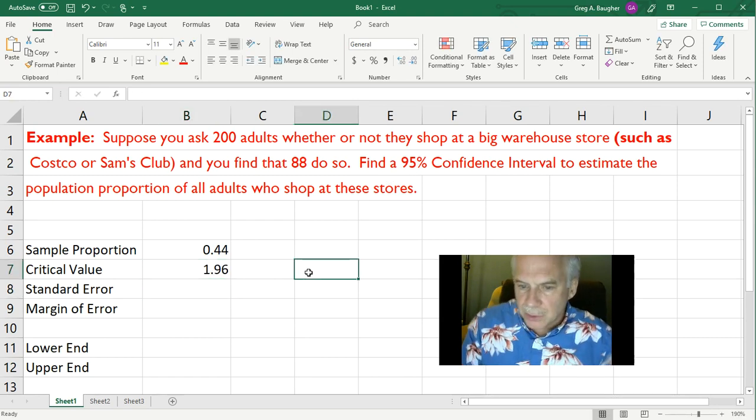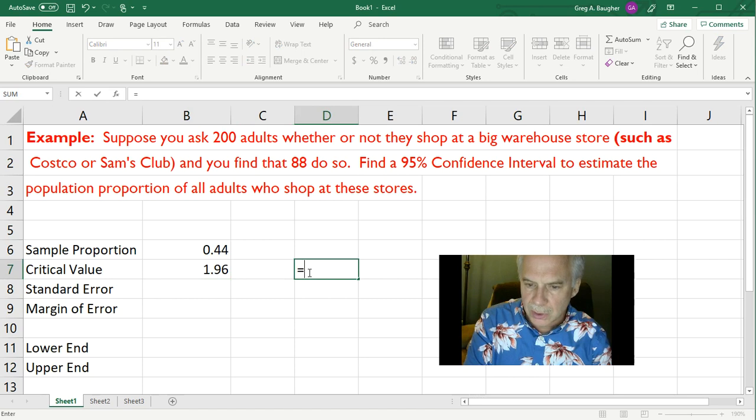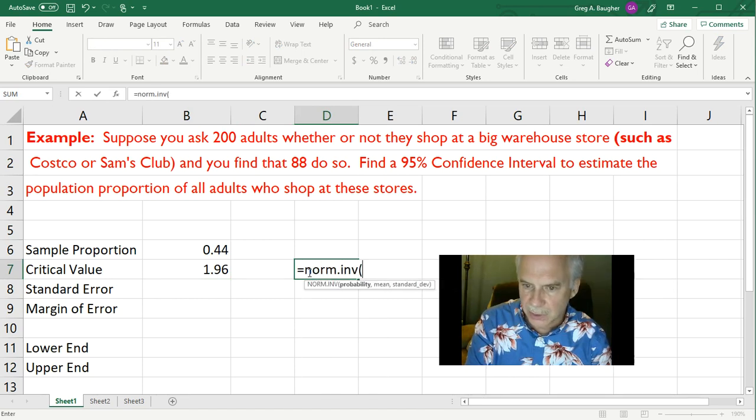Okay. Now you could find that with an Excel command also, but you're going to go equals norm.inv, because you're trying to find a z-score with a certain probability, and you're going to go 1 minus 0.05, which is alpha.